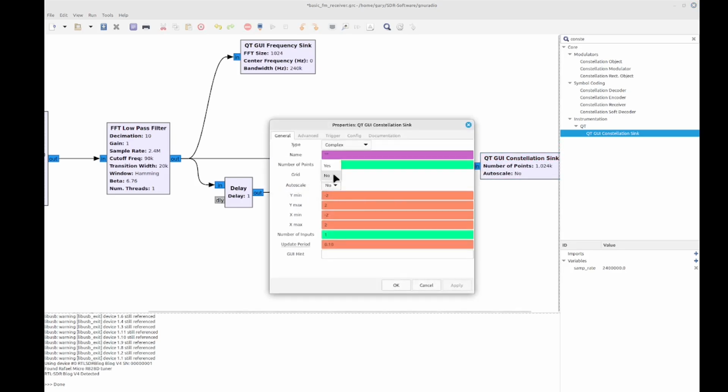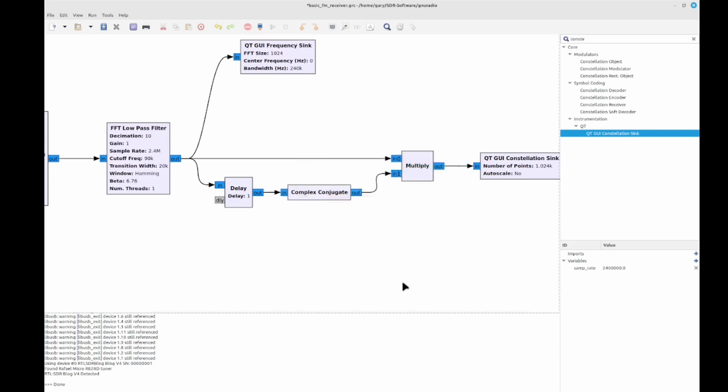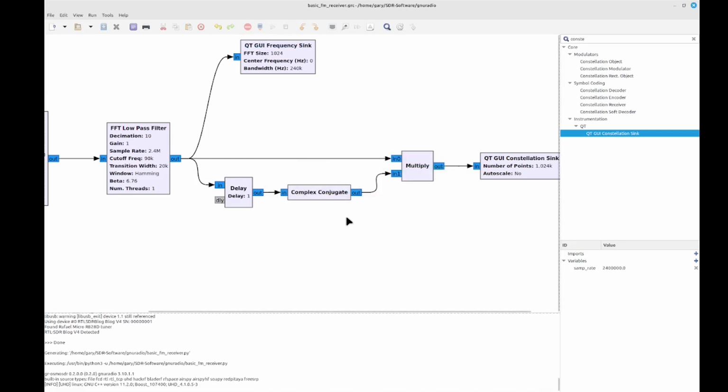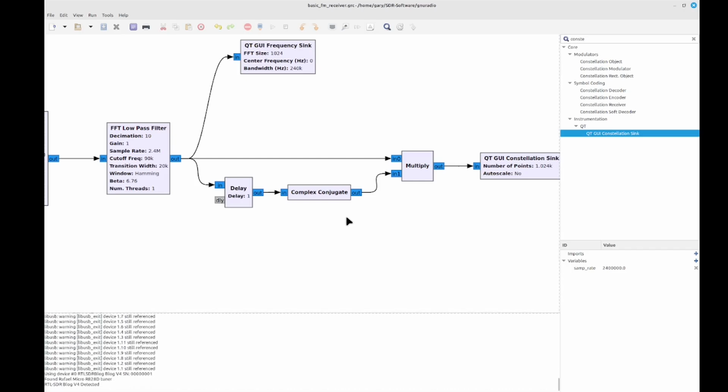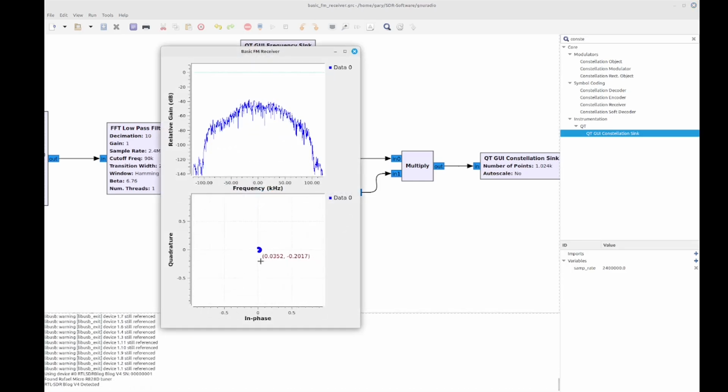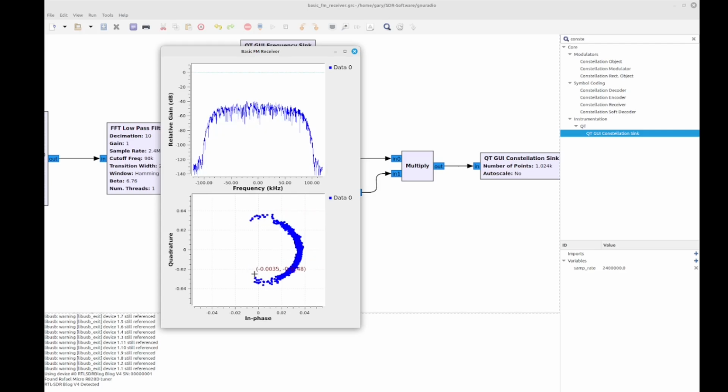Let me go ahead and turn the grid on first. And when I run this, you can now see that the phase is changing. I'm actually looking at the phase changes from one sample to the next.